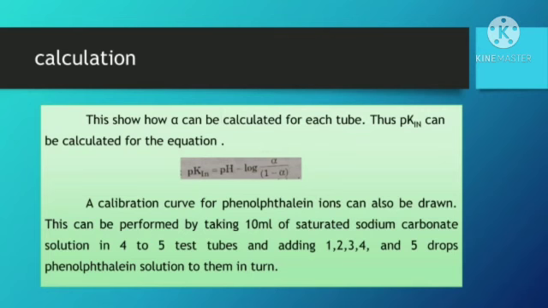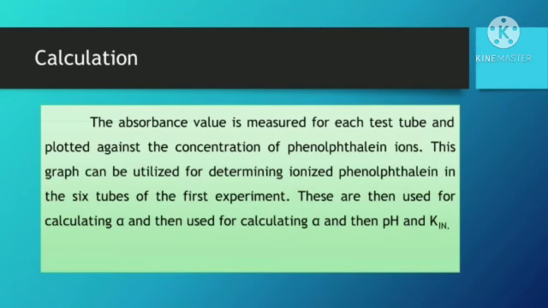A calibration curve of phenolphthalein ions can also be drawn. This can be performed by taking 10 ml of saturated sodium carbonate solution in 4 to 5 test tubes and adding 1, 2, 3, 4 and 5 drops of phenolphthalein solution to them. In turn, the absorbance value is measured for each test tube and plotted against the concentration of phenolphthalein ions.